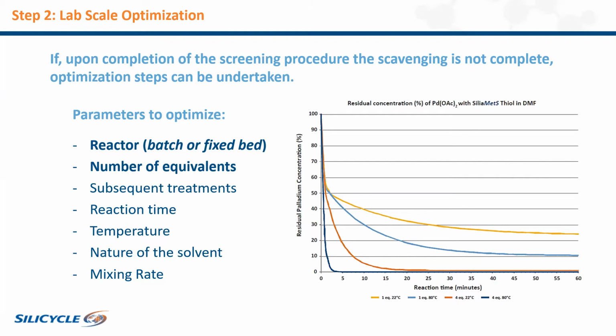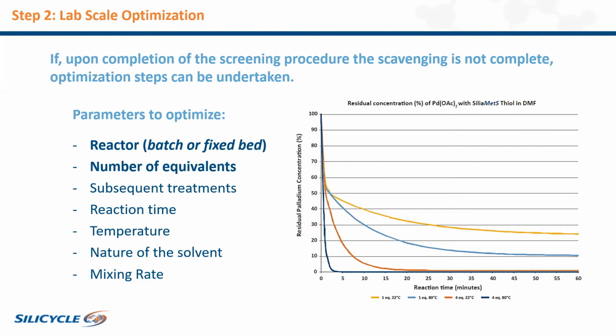And you can see here on the graph an example of a removal of palladium acetate with a CDMA tile in DMF. Once you increase the number of equivalents and the temperature, you can see that you can get almost all of it removed very quickly, within 5 minutes, when you put 4 equivalents at 80 degrees.